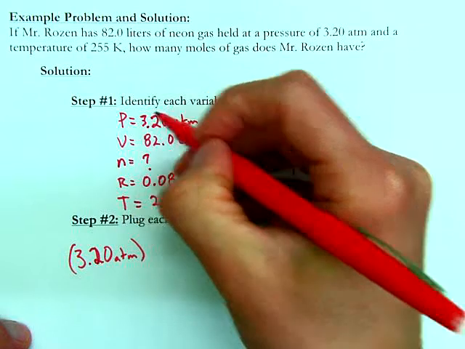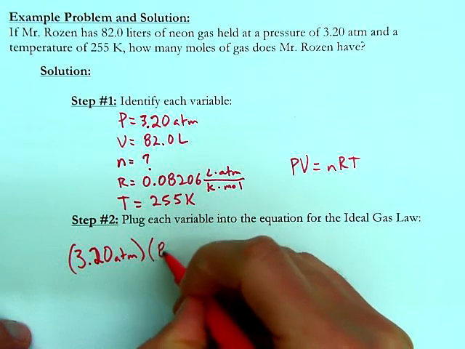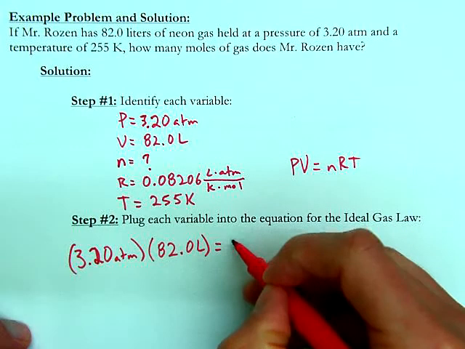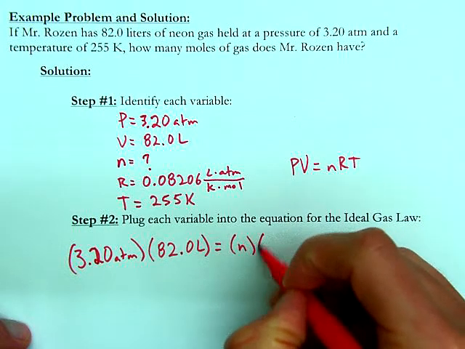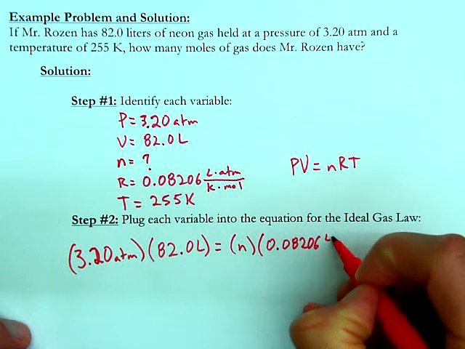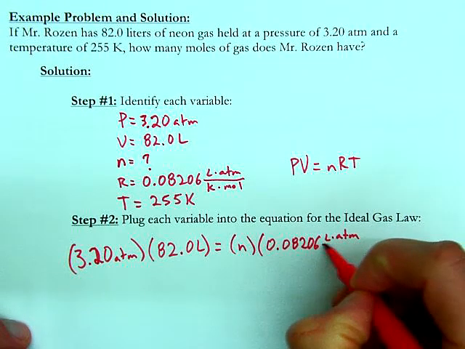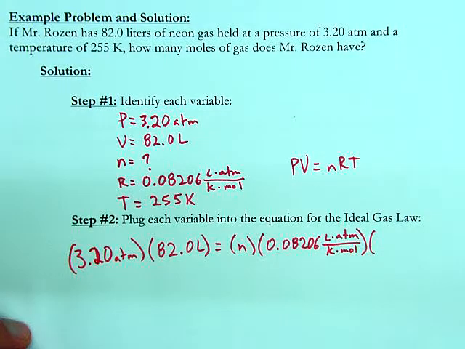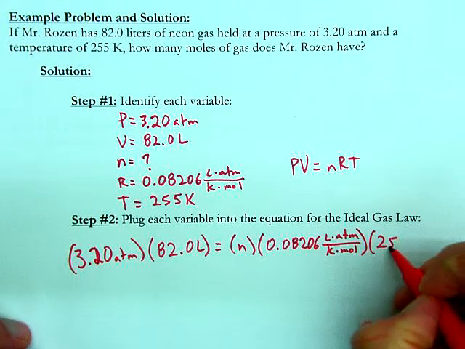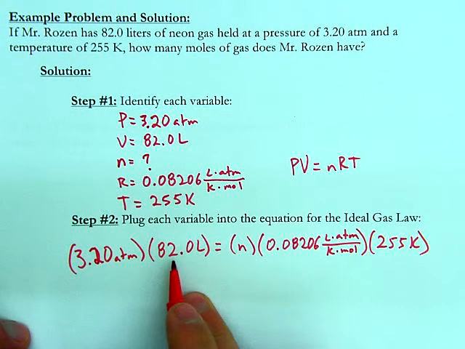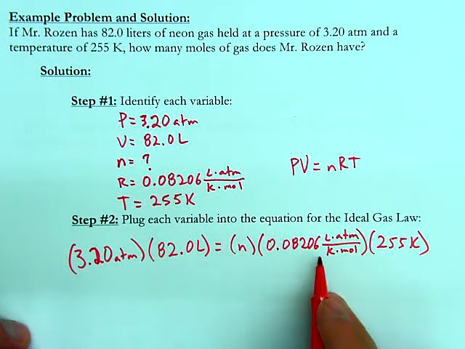Our volume is 82 liters. That's PV equals n R, and then we have T, which is 255 Kelvin. All right? So PV equals nRT.